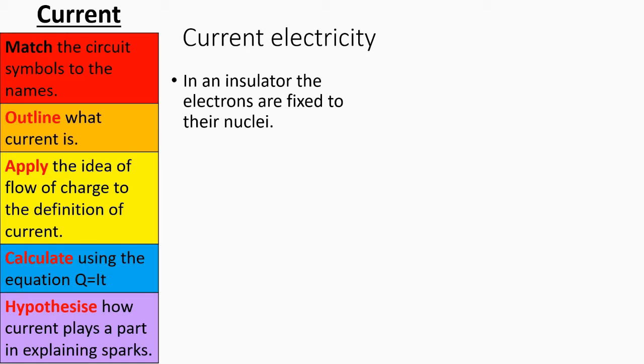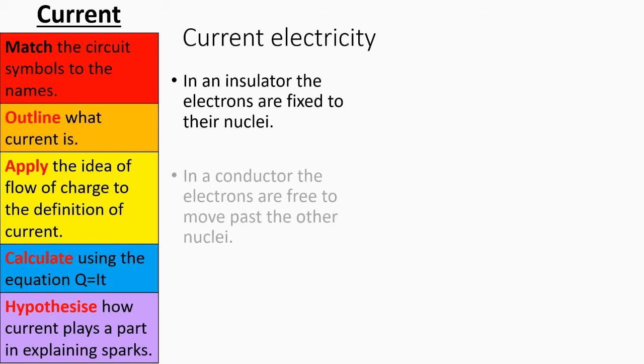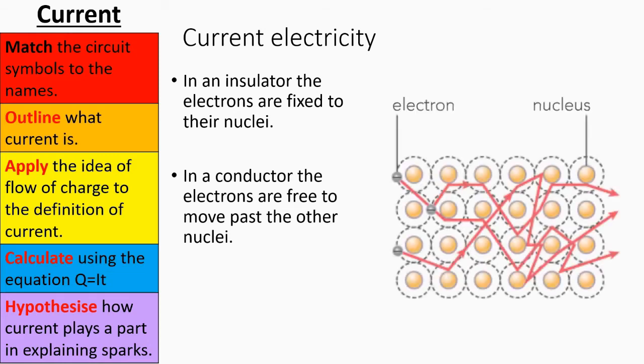So, in other words, the electrons are stuck on the atoms that they are with. However, in a metal, for example, the electrons are free to move past the other nuclei. This is a diagram of metallic bonding, and if you take a look there, you can see the electrons are able to move from atom to atom to atom. These are called delocalized electrons, and they're able to move from one end of a wire to another.